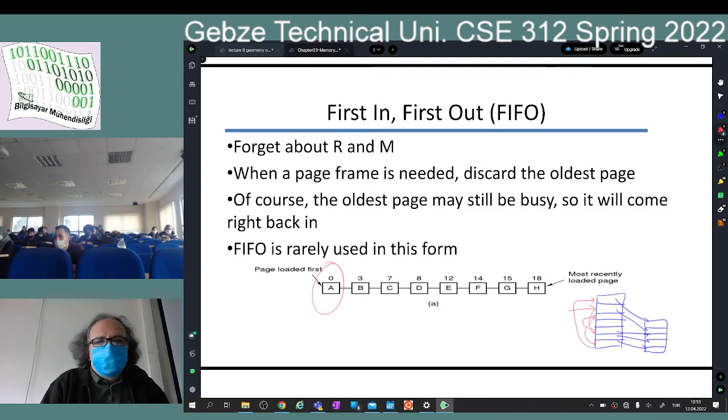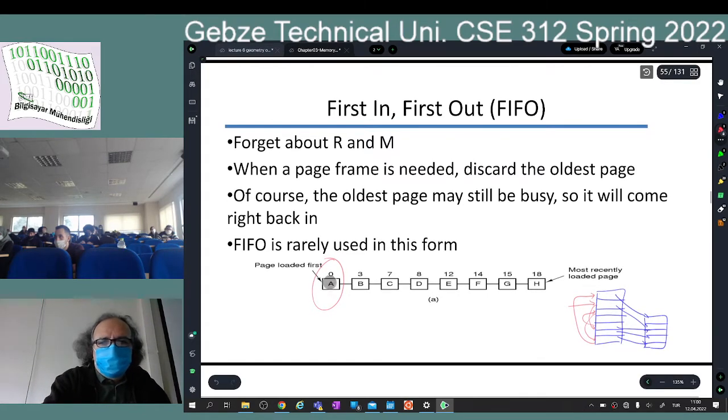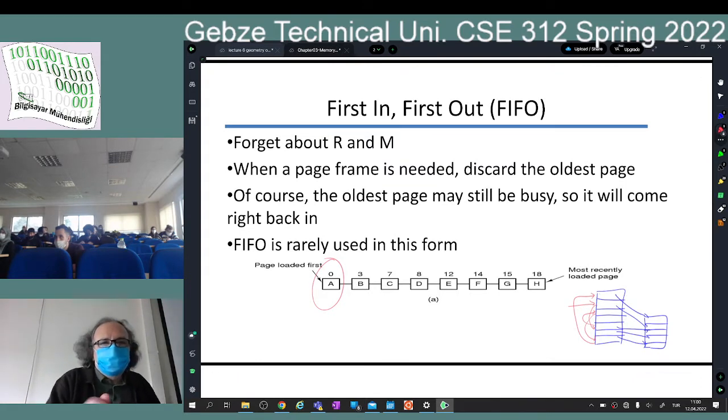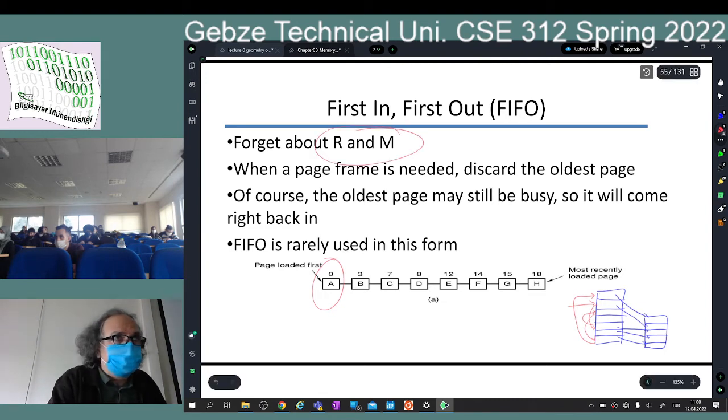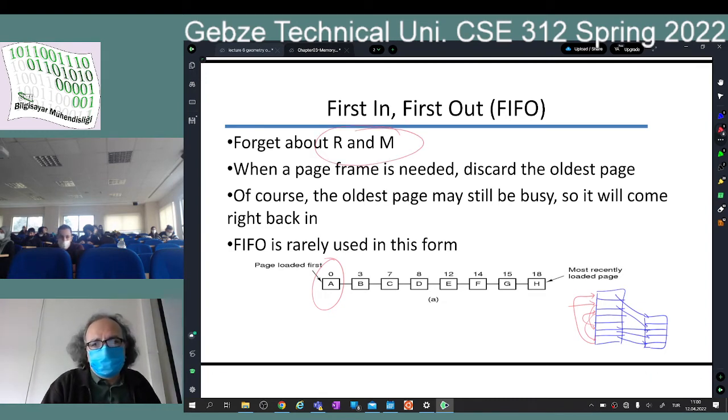So I keep it as a FIFO, with the most recently used pages here. This is the oldest page. Whenever I need the page replacement, this one will be replaced. It is as simple as this. It doesn't use R and M. So what is the problem with this? Very simple. We like it. I don't even need the R and M bits.